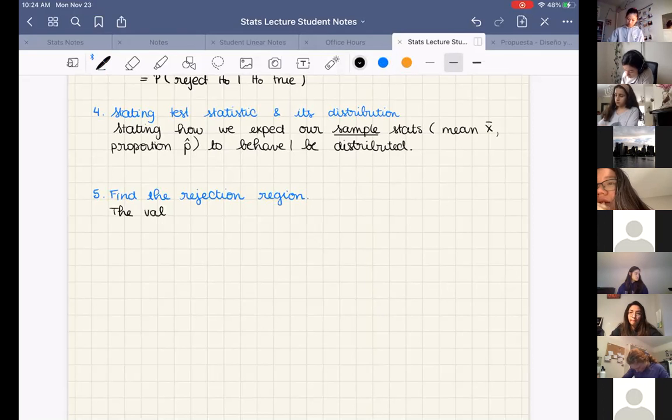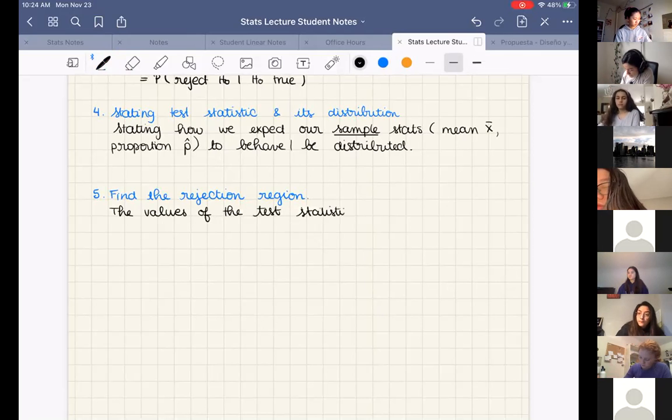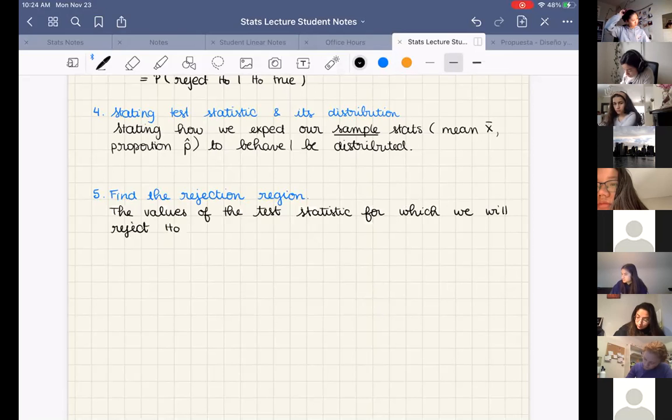The rejection region corresponds to the values of the test statistic for which we will conclude that H0 is not true. So for which we will reject H0.